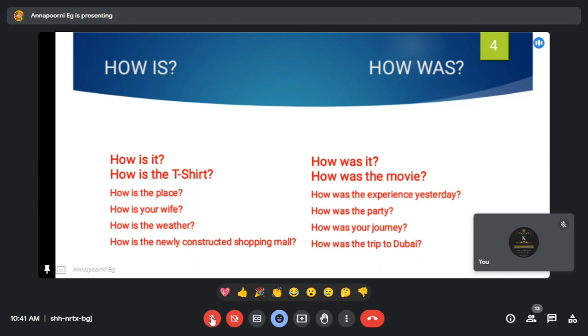When you are having the pizza, I'm asking you, how is it? I'm taking Aradhana to Domino's, buying a vegetable pizza for her, and she has just tasted one or two bites. We will ask in Tamil, right? Eppdi irukku? Nalla irukka? So that is what how is it is.